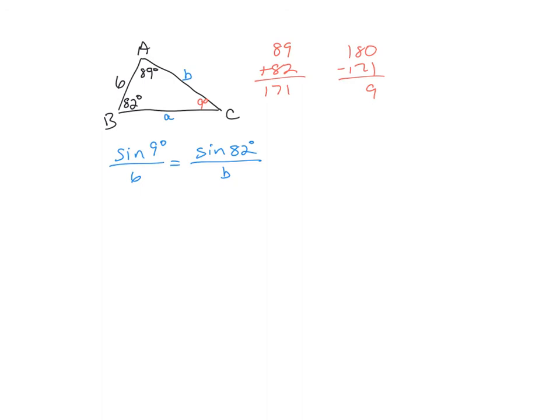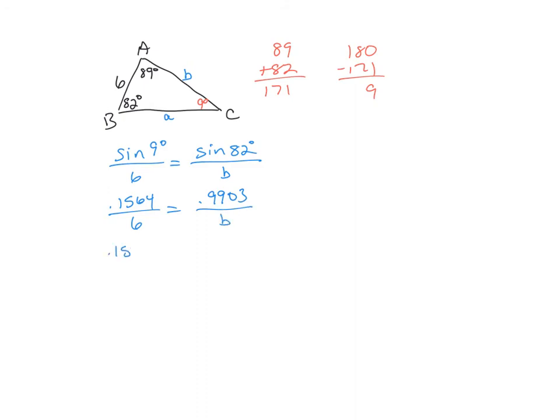So first I'll figure out the sine stuff. So let's do sine of 9 degrees, 0.1564, over 6, and sine of 82 degrees, 0.9903.